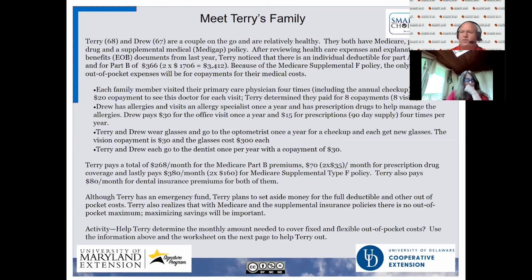Terry pays a total of $268 a month for Medicare Part B premiums, $70, so the 35 times 2 a month for prescription drug coverage, and lastly $380 a month, which is 2 times 160 for Medicare Supplemental Type F policy. Terry also pays $80 a month for dental insurance premiums. So those are the important numbers that you need to know.